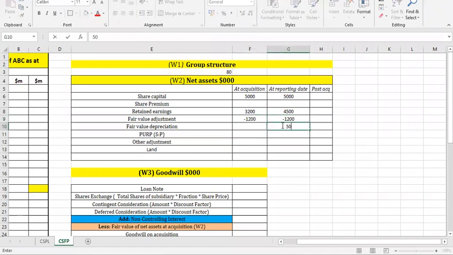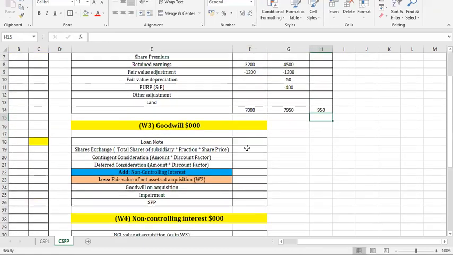Fair value depreciation 50 will be added back. Unrealized profit is 400 minus. Okay, no other adjustments, right? So just total it, 7,000 and 7,950, and the difference is this minus this, 950. Then you have the consideration.